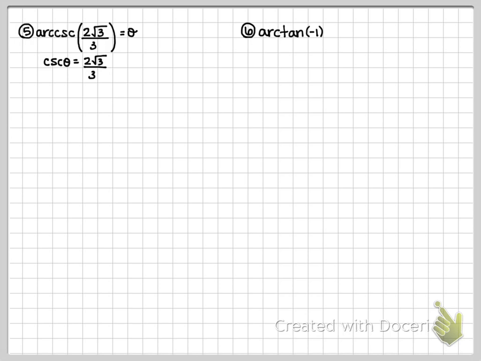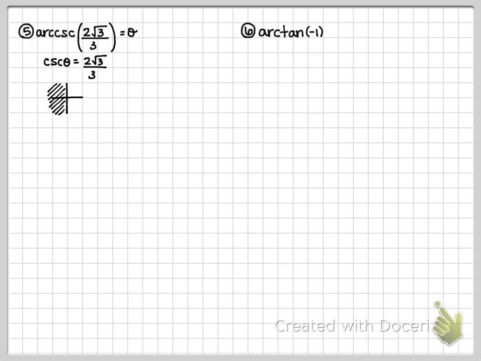Beauty of cosecant, it's the reciprocal of sine. It has the exact same restrictions that sine does. So go ahead and take out my little picture here. I know that sine, or arc sine, has the restriction where it's between -pi/2 and pi/2. So does arc cosecant. Now I see that cosecant is 2√3/3, which is positive.